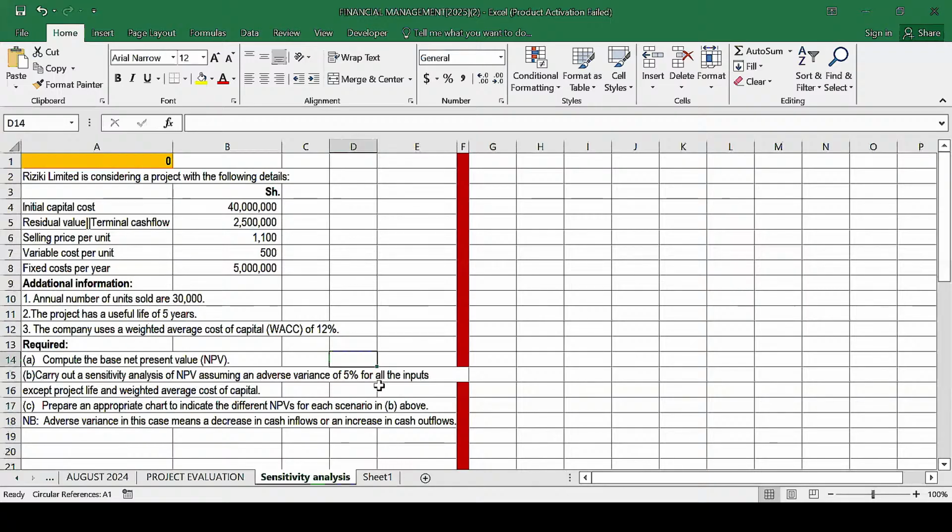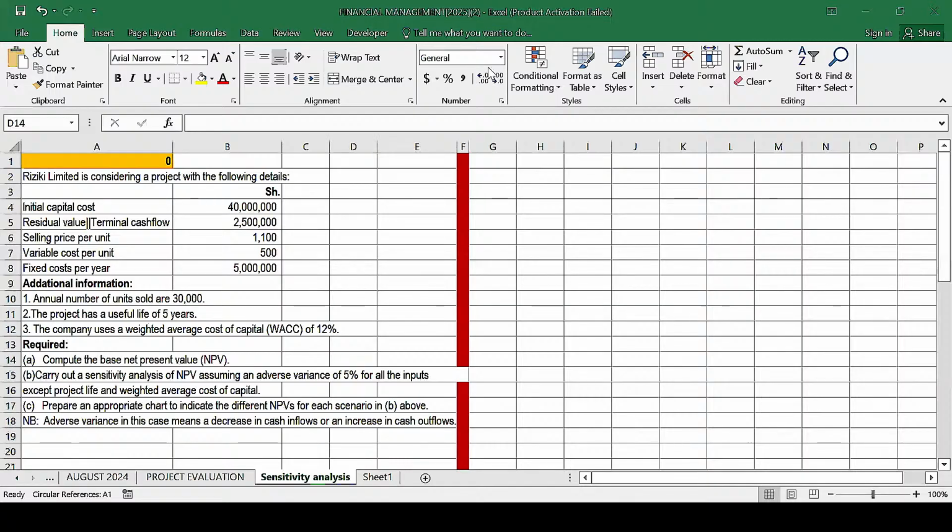When we talk about adverse variance, when it comes to the cash inflows, it means that those cash inflows will reduce by 5%. When it comes to the cash outflows, like the cost or the initial investment, adverse variance means that those outflows will increase by 5%.